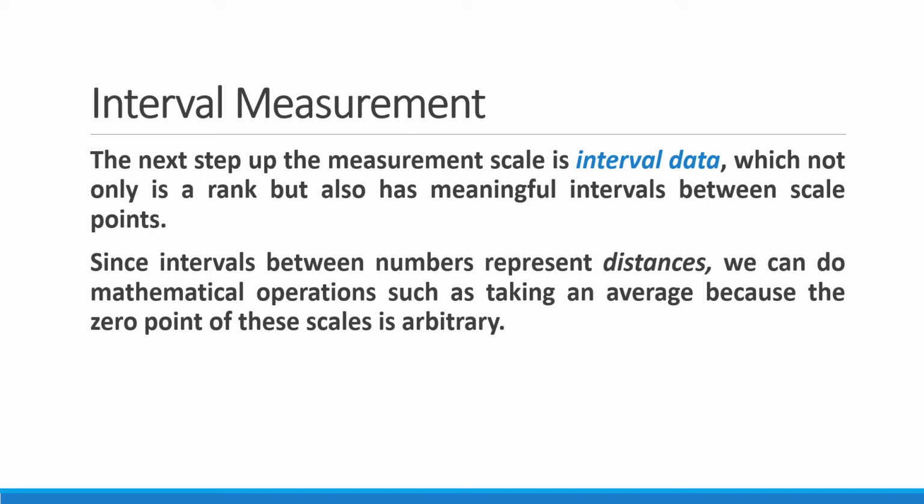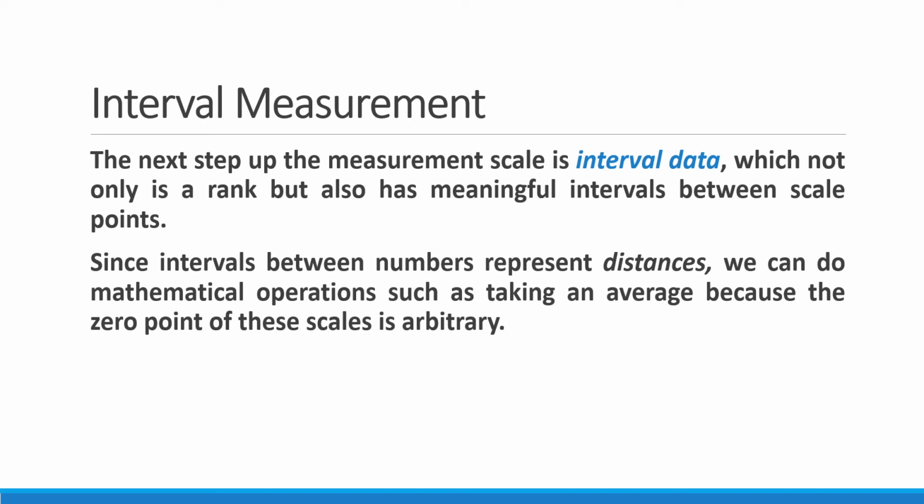For example, if we are measuring temperature, when the temperature equals 0, this doesn't imply that there is no temperature. So in interval measurement, 0 has no meaning. It doesn't imply the non-existent. 0 is arbitrary.